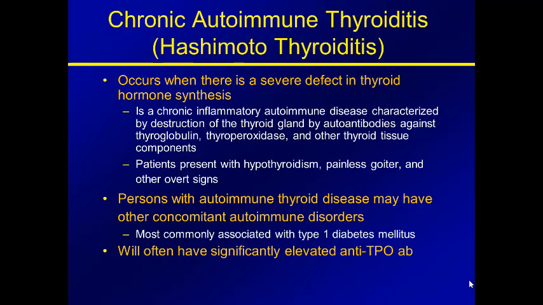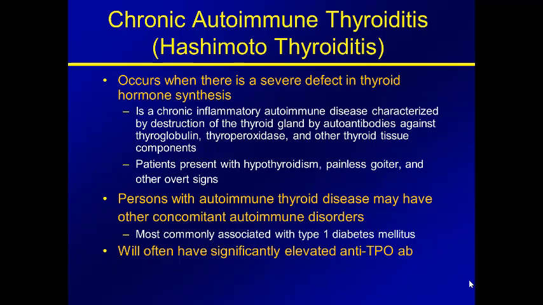So what about thyroiditis? Chronic thyroiditis here is likely caused by one common type of thyroiditis, Hashimoto thyroiditis. It occurs when there is a severe defect in thyroid hormone synthesis. It is a chronic inflammatory autoimmune disease characterized by destruction of the thyroid gland by autoantibodies, anti-thyroglobulin antibody and anti-thyroid peroxidase, and other tissue components. Patients present with hypothyroidism, painless goiter, and other overt signs.